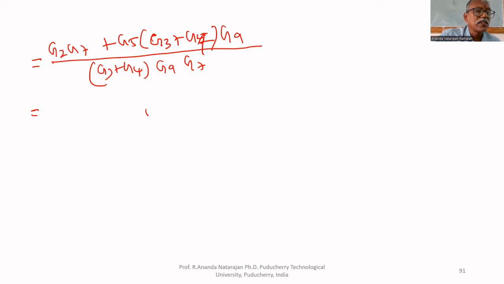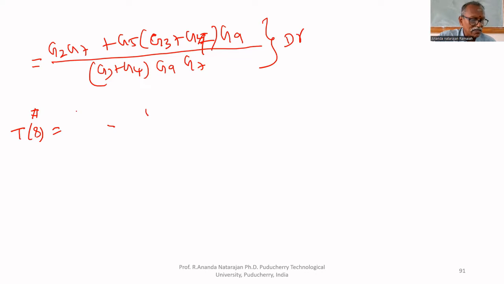This can be substituted in T of S. If you substitute in T of S, what you will get? We got the numerator and denominator separately. If you substitute that in place of G1 G13, this is the denominator part.